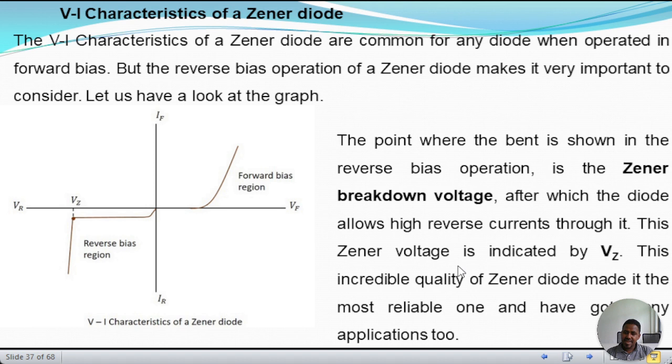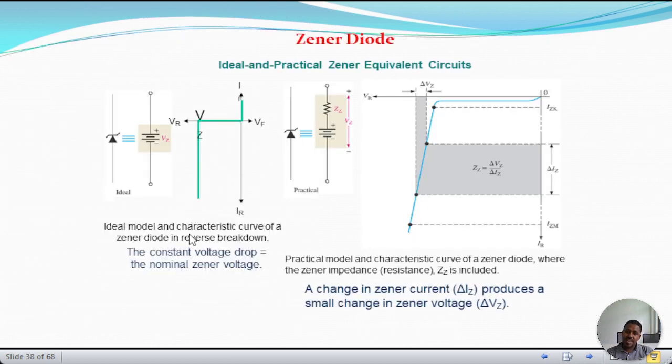This Zener voltage is indicated by VZ. This remarkable quality made the Zener diode a very reliable one with many applications. We apply the Zener in the reverse bias region.